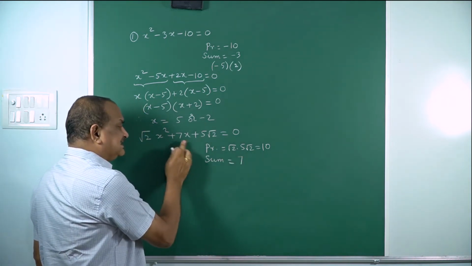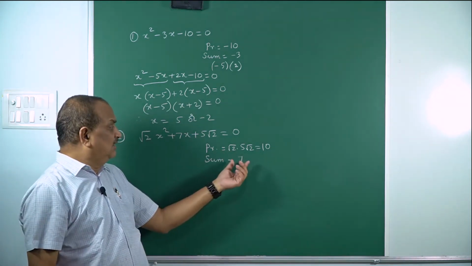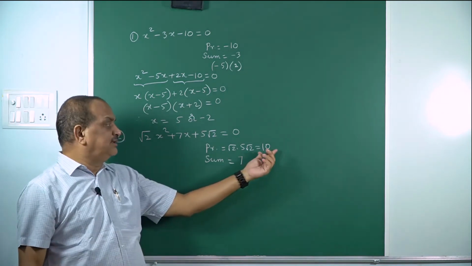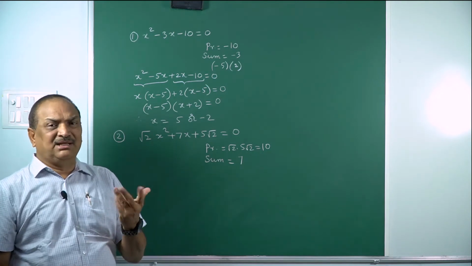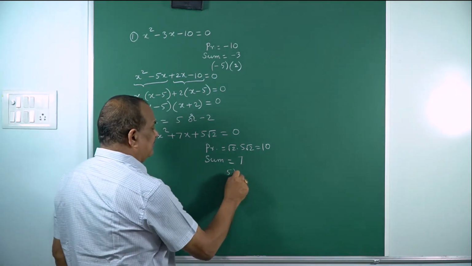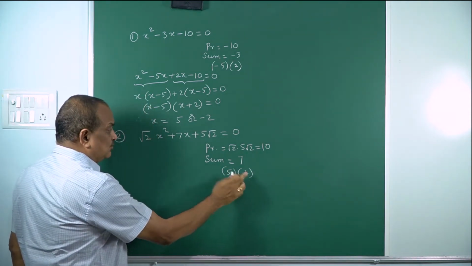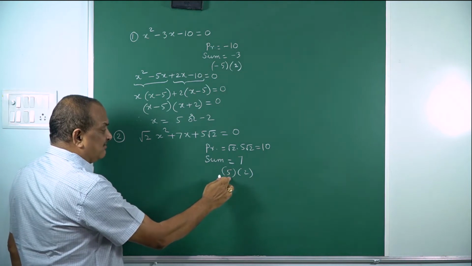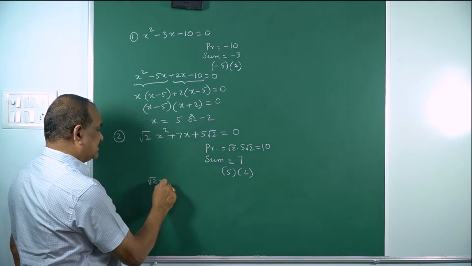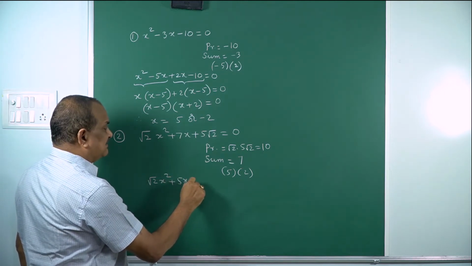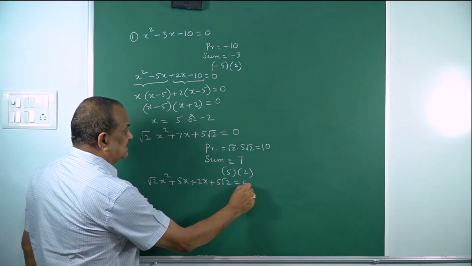Straight away you can take this as the sum. Now we need two numbers which, when you multiply, should give you 10, and when you add, should give you 7. So 5 and 2 is a simple guess. I write here 5 and 2. In place of 7x, write these two. In place of 7, separate it out: 5x plus 2x. So I just copy down the same equation: root 2x square plus 5x plus 2x plus 5 root 2 equals 0.